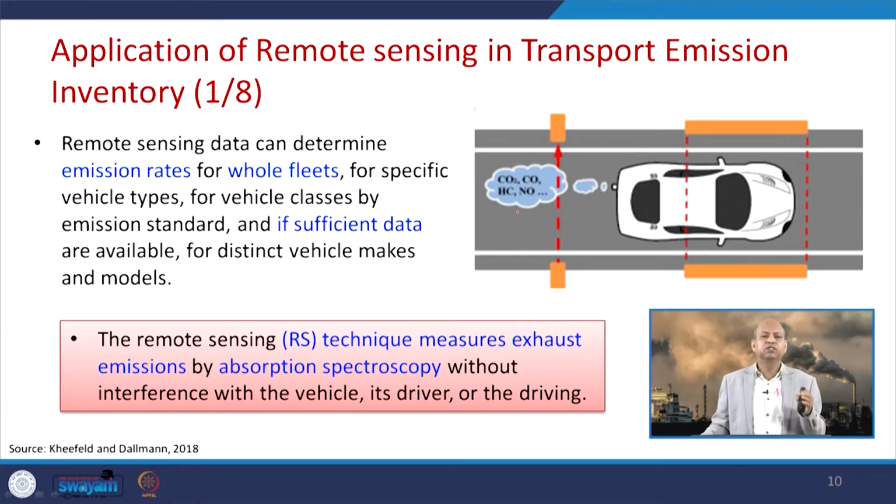The remote sensing (RS) technique measures exhaust emissions from the tailpipe using absorption spectroscopy, without interfering with the vehicle. The vehicle is moving, there is no contact with anything, and no talking to the driver or interference with driving. The driver drives the vehicle without talking to any other person, and the remote sensing technique captures the information about the pollutant stream from the tailpipe.